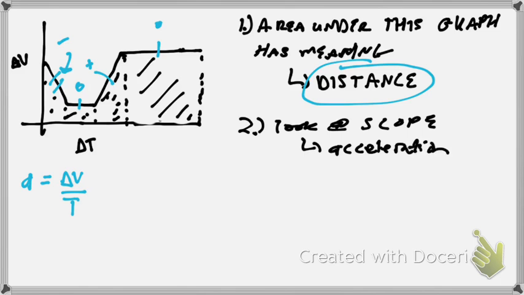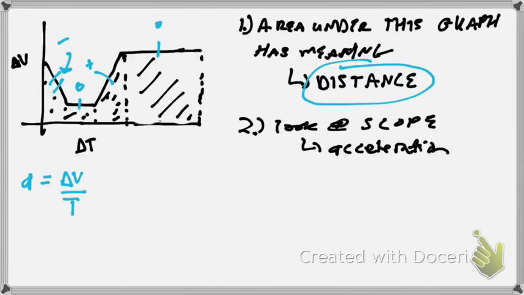So these are the only major things that you need to understand from a velocity over time graph. Okay, so you understand slope is representative of acceleration. You know the area under the curve is representative of the distance, right? But here's actually a complication of the velocity versus time graph.